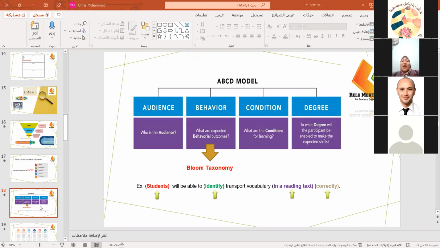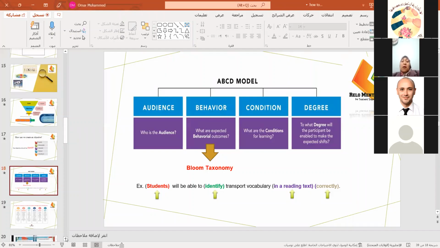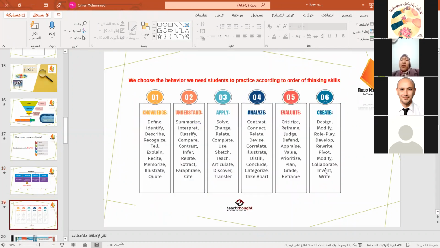Very nice. Most of us say by the end of the lesson, so we have the beginning of the objective. The student is the audience, then we have will be able to. We have the verb: identify, classify, describe, say, or compose. This is the behavior that we should include in our objective.